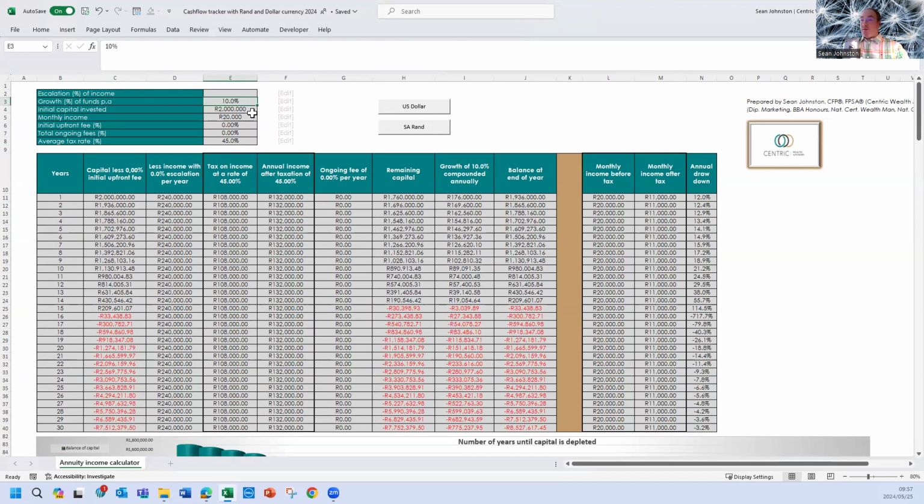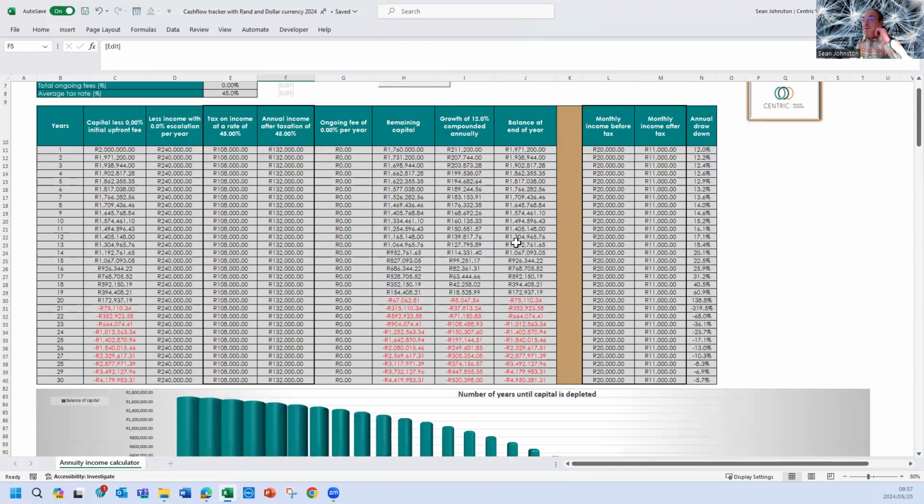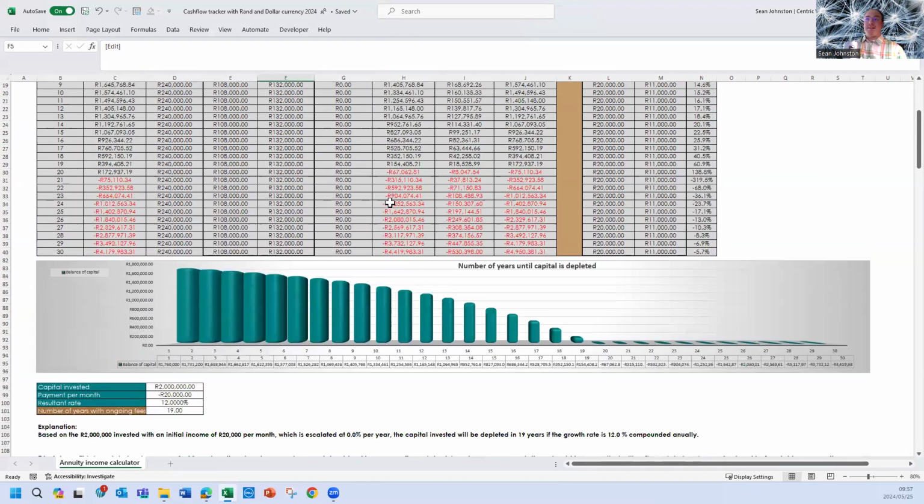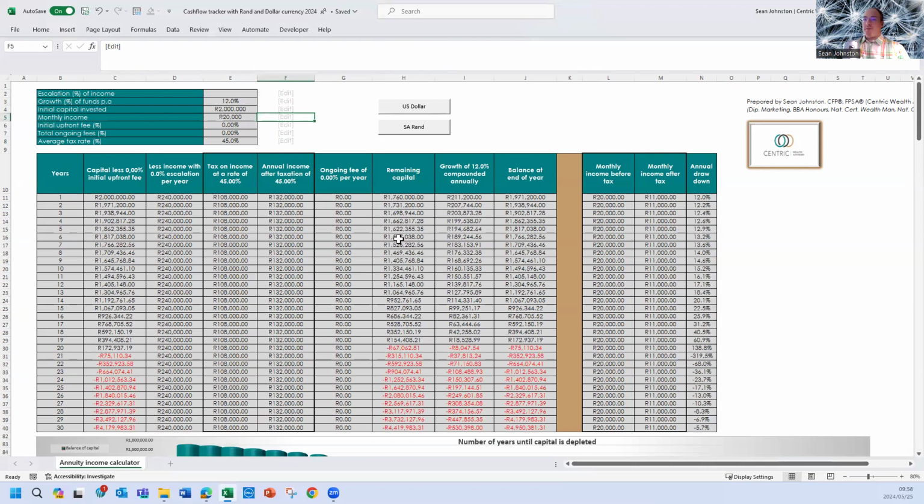The only alternative if you're in this position is to get a higher return, but in reality, it's not going to make a massive difference if you are drawing an income and hoping to have it last 20, 25, 30 years.